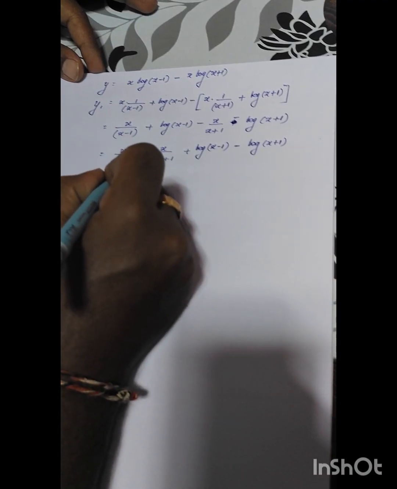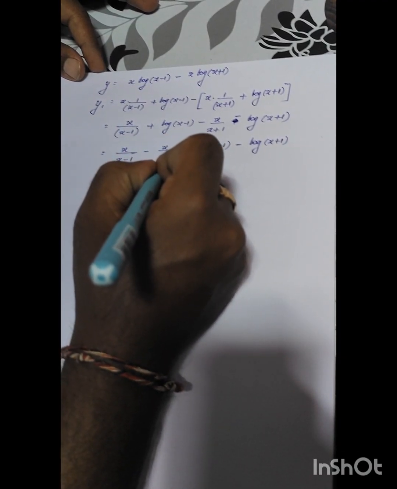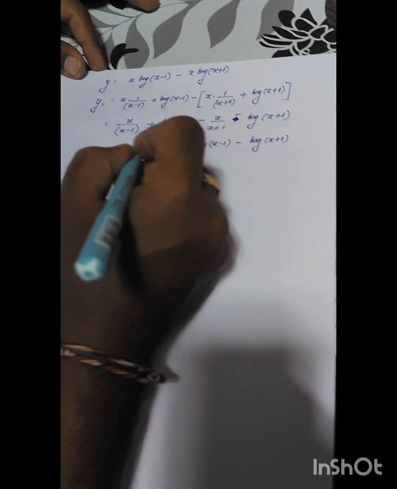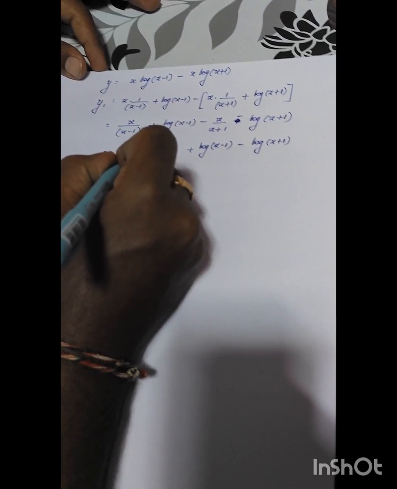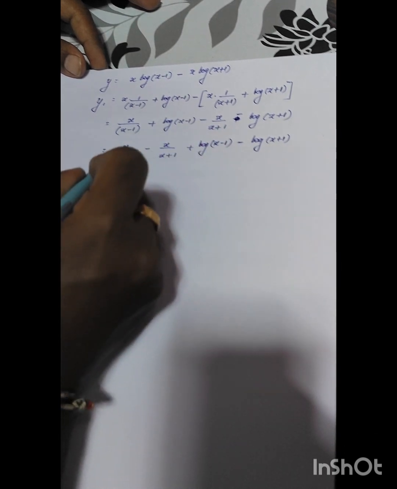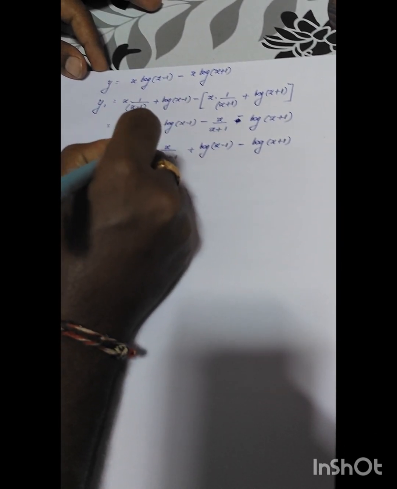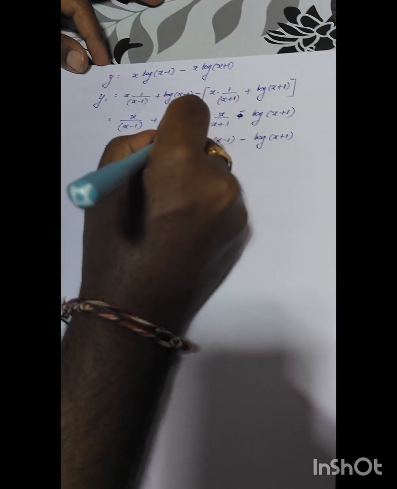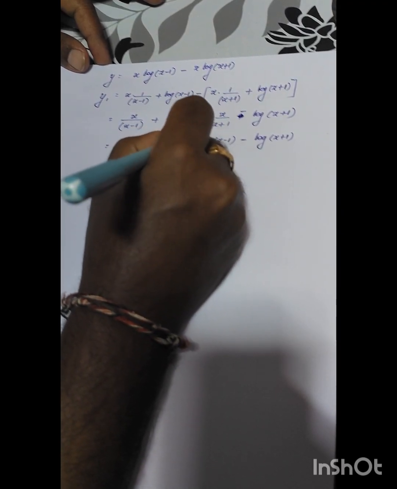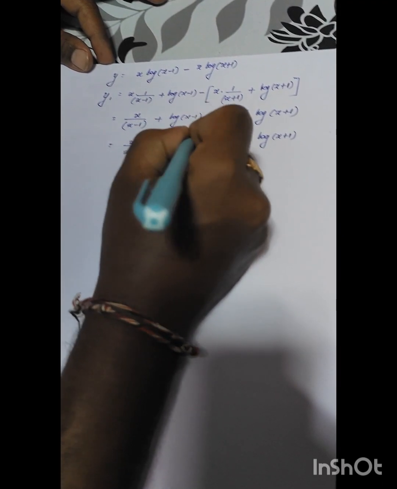We have x divided by x minus 1 and x divided by x plus 1, so we will add and subtract 1 in the numerator. I will do minus 1 and also plus 1 for this first term.